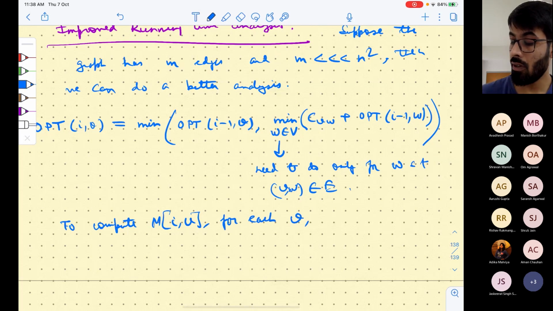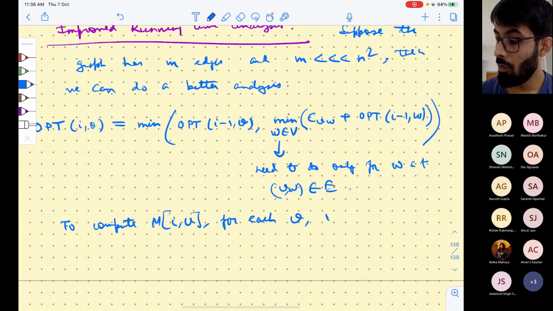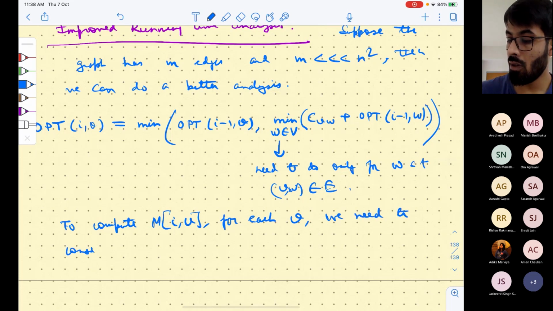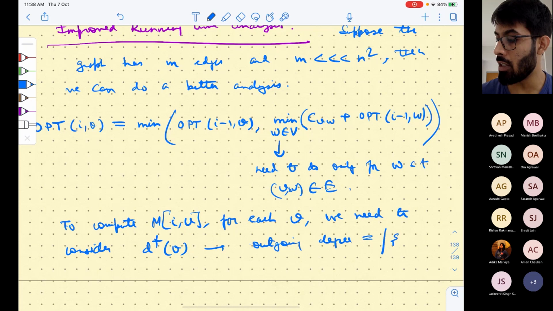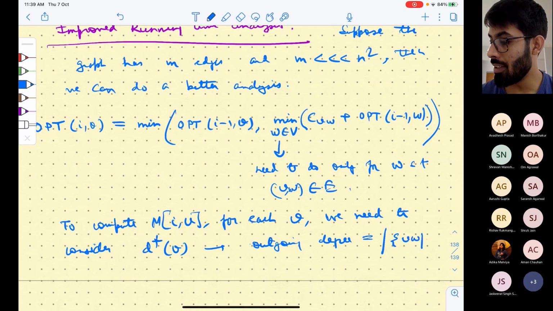The outgoing degree, let's say d plus v, where d plus v is the size of the set of W such that VW is an edge.